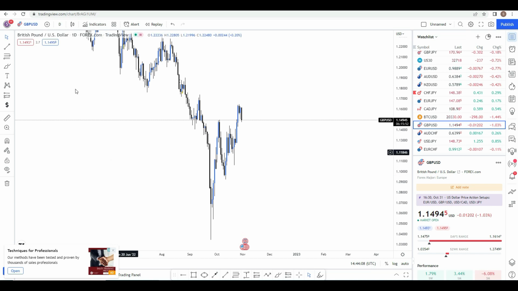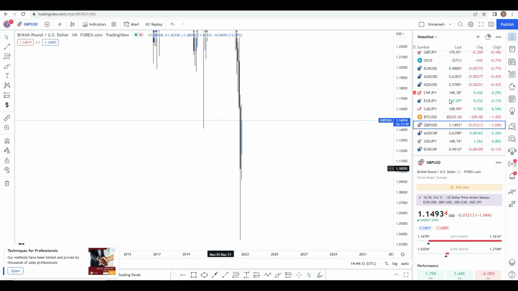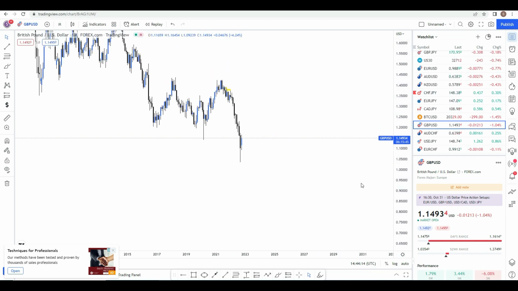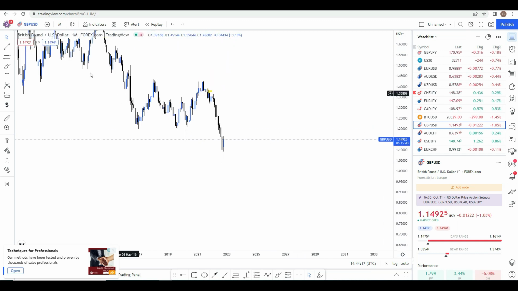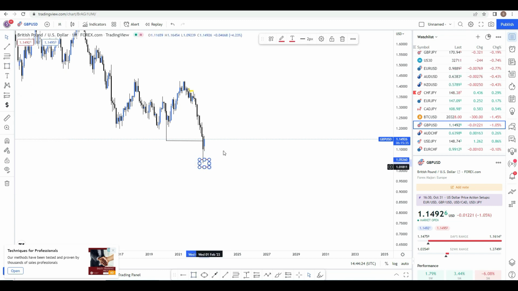So if we look at this from the daily time frame, right, we can also go down to your monthly, right? If we look at it from the monthly, what we can actually identify is we have a new low, right? Market broke this low, so this is a low right here, right? This is the low right now. So if we look at this, right, market structure, we can see where price came from, right?